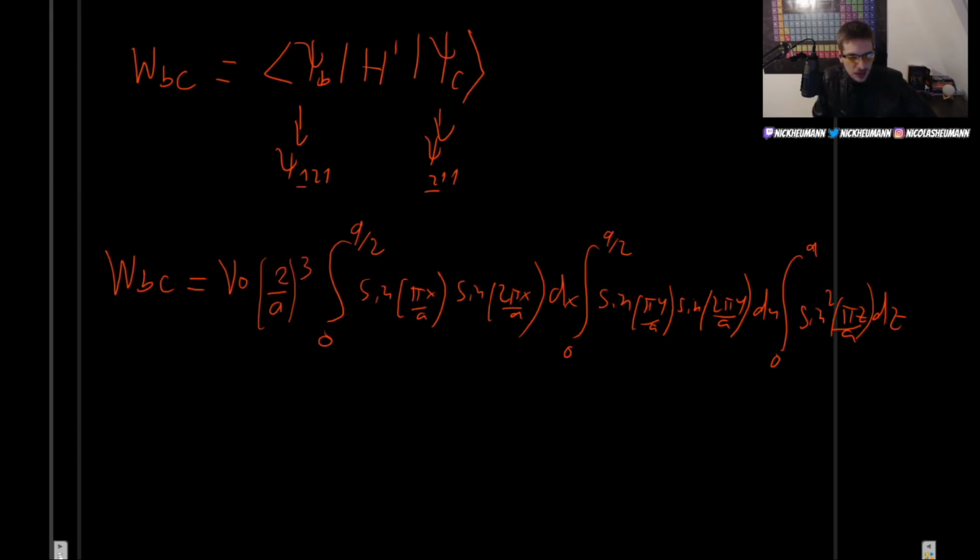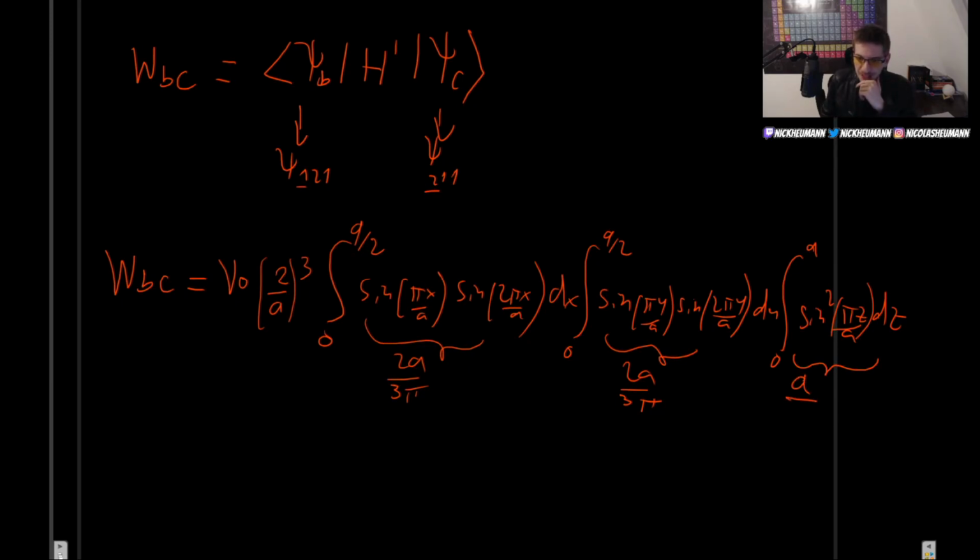So instead of just calculating everything over and over, we know that this right here is 2a over 3 pi. And this is 2a over 3 pi. And this part we already calculated in the first part of the problem when we're doing the ground state. So this was simply a over 2. So if we put all this together, we get that W_BC is V0 times, well, that would be 8 over a cubed times 2a over 3 pi squared times a over 2.